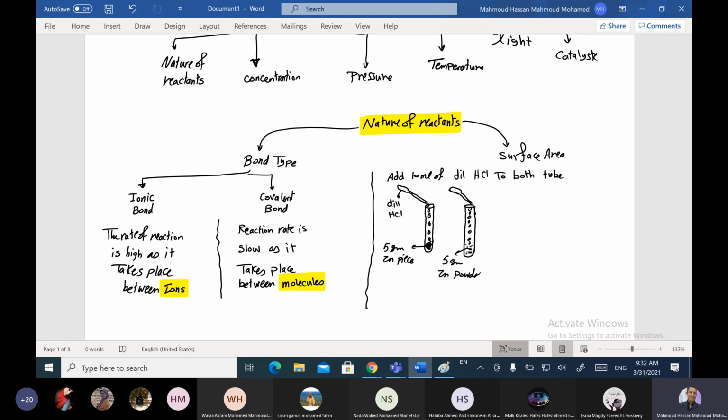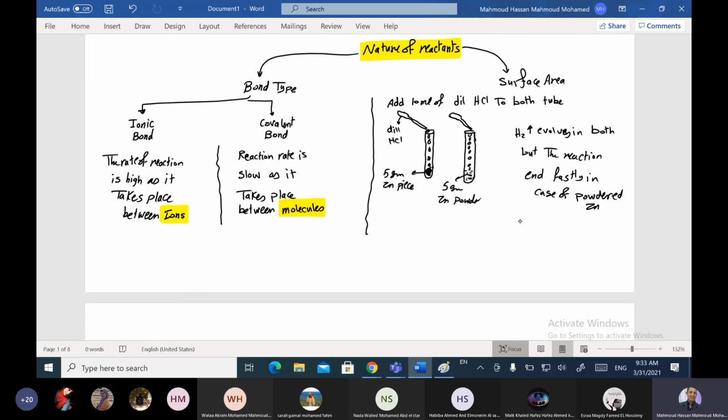What are your observations? You will find that hydrogen gas evolves in both, but the reaction ends faster in the case of powdered zinc.